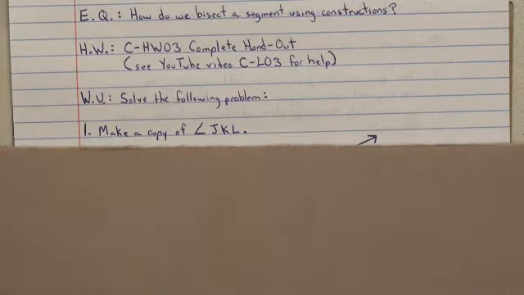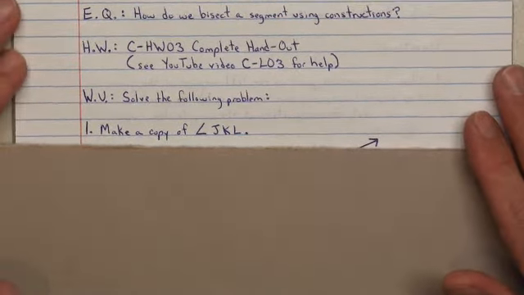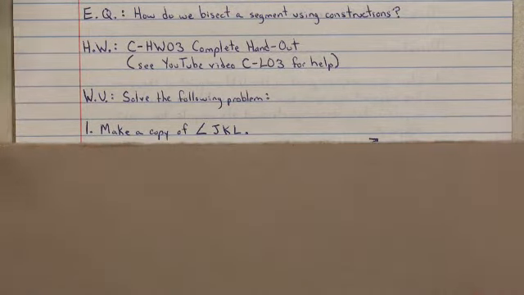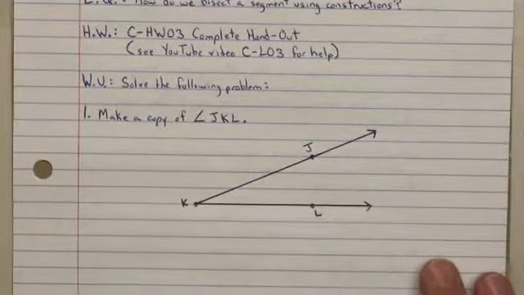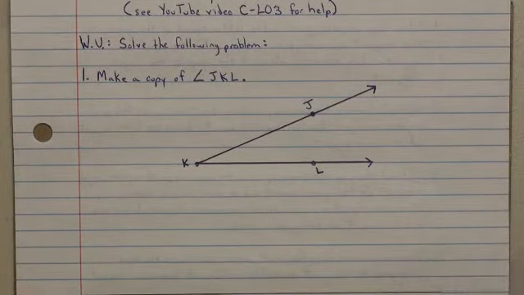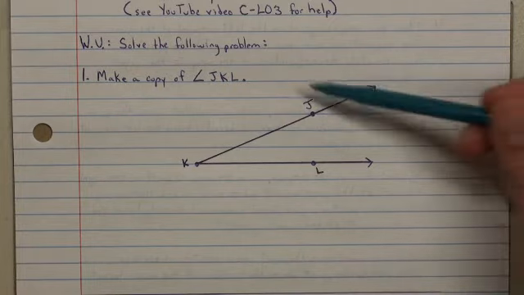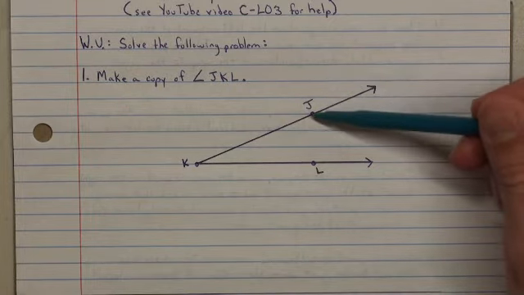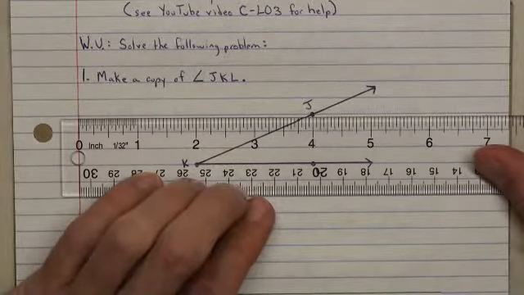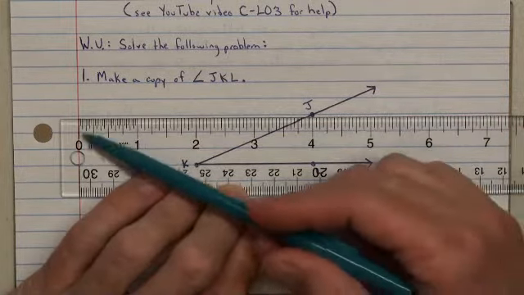So the problem is make a copy of angle JKL. Okay. Now, let me show you how you need to draw JKL, because this is given to you. So, from this line here, you're counting down 2 lines, and you're measuring in 4 inches from the left margin.